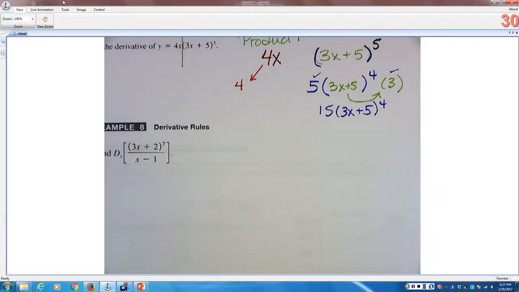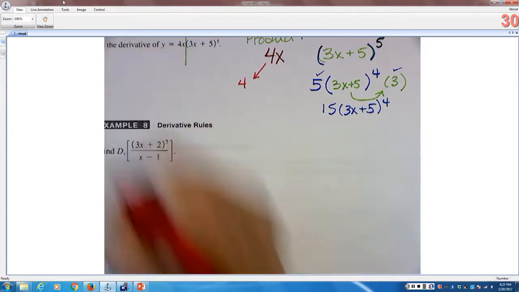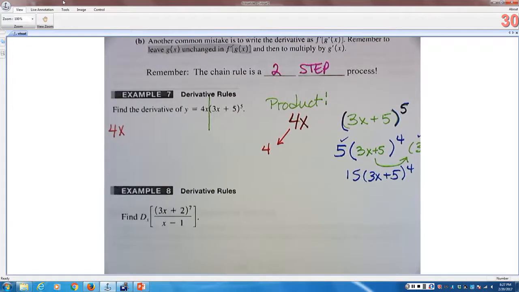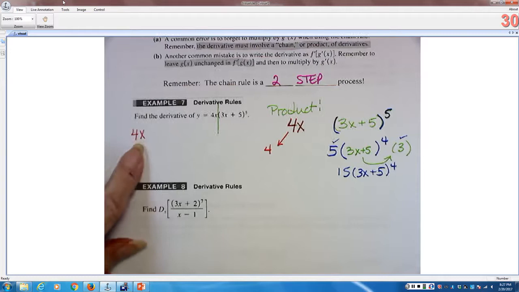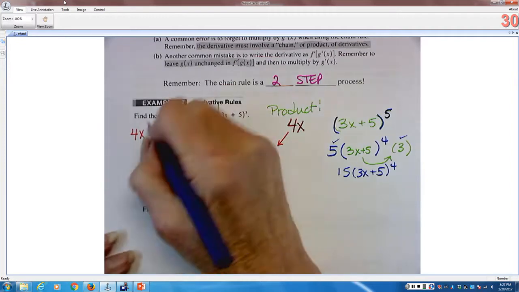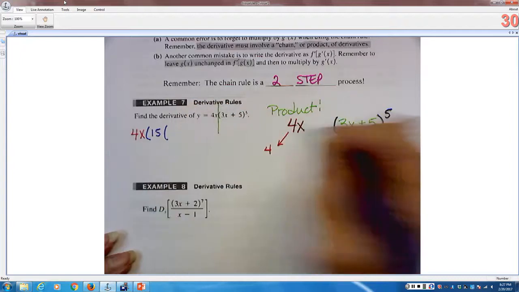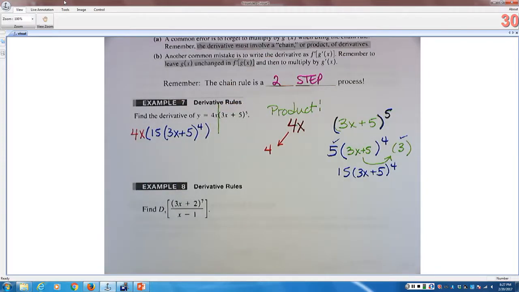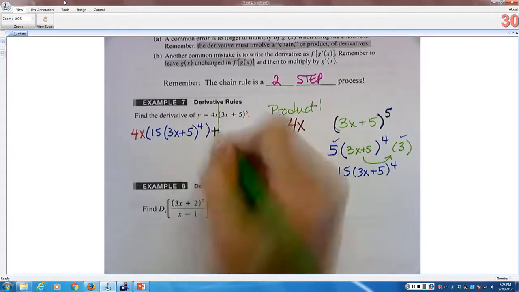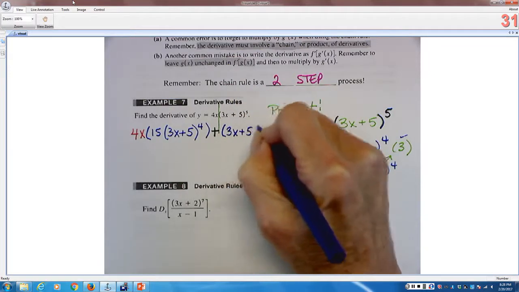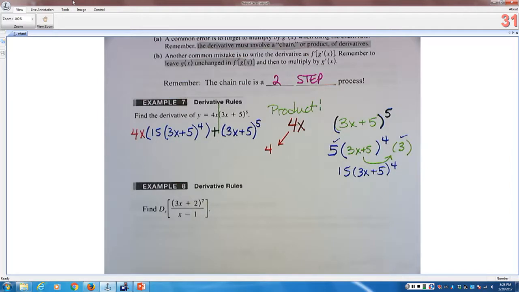So you've got your derivatives now. Then the way that you do the product rule is first, which is 4x, times the derivative of the second, plus the second times the derivative of the first, which is 4.